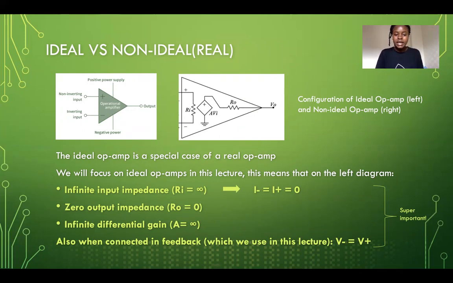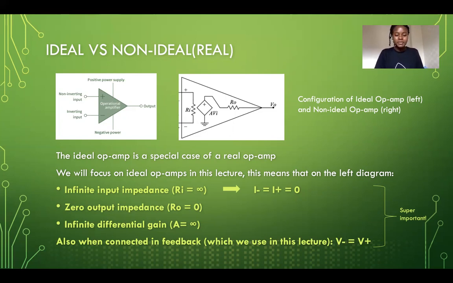The images on the presentation right now show the configuration of an ideal op amp and a non-ideal one. An ideal op amp is basically a special case of a real op amp. You impose certain constraints on it and you can get an ideal one. In reality, linked to the name, we can't get an ideal op amp, so we do tend to work with real op amps.